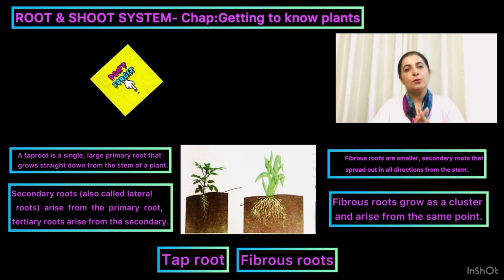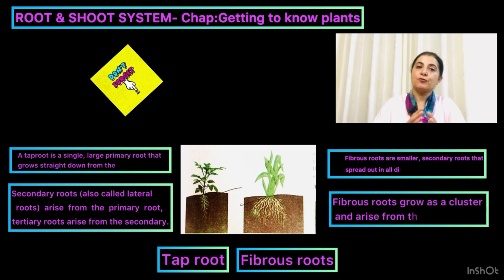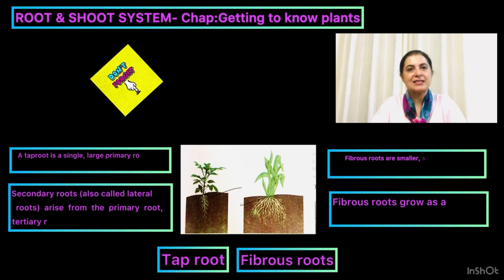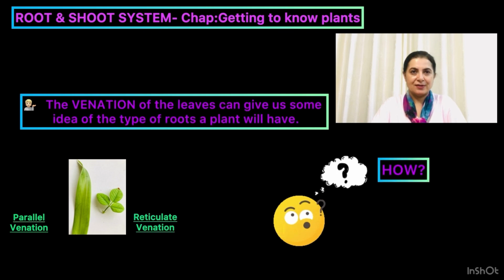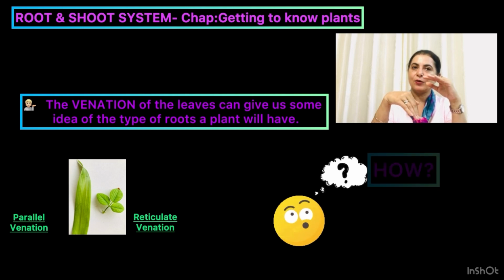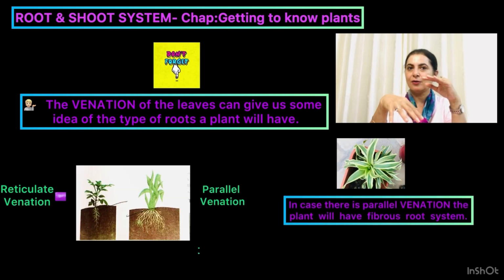Now a very simple way to remember कि कौन सा plant है जिसकी taproot होगी और कौन सा plant है जिसकी fibrous root होगी. This you can make out even from the leaves. Now leaves, as I told you already, they have got venation, जिसमें parallel venation होती है, as you can see in the diagram. तो पैरेलल वेनेशन अगर ऊपर लाइंस कम हैं तो नीचे लाइंस ज़्यादा होंगी. नीचे मीन्स रूट्स ज़्यादा होंगी.